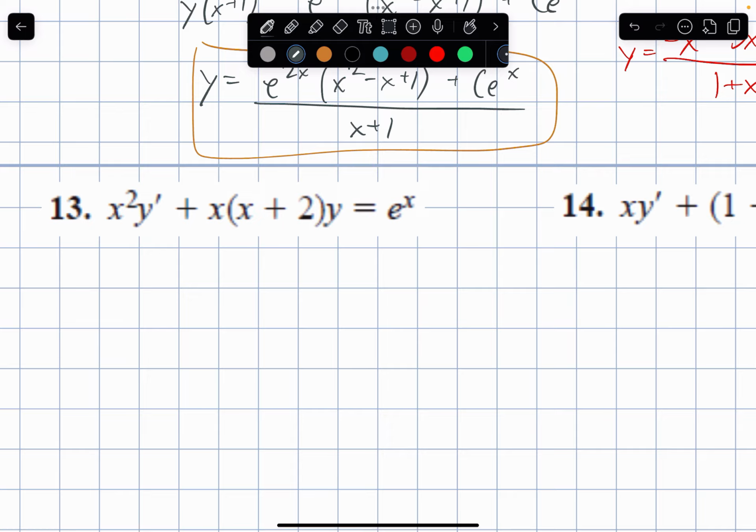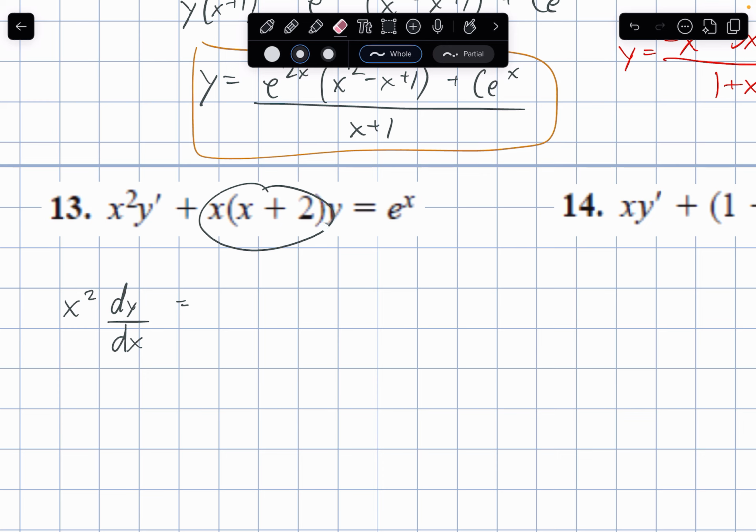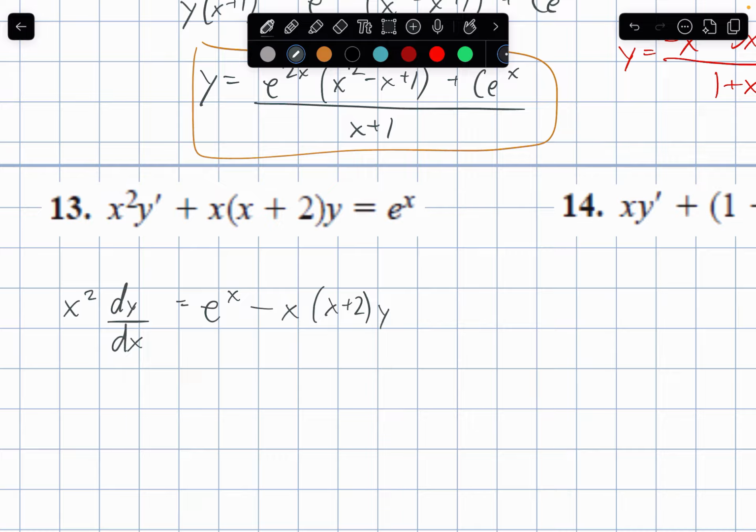Let's try 13. So y prime can be rewritten as dy over dx. Let's transpose this to the right side. Okay.